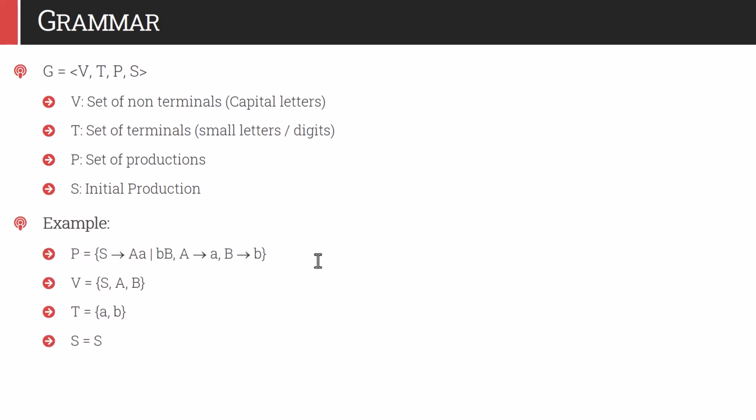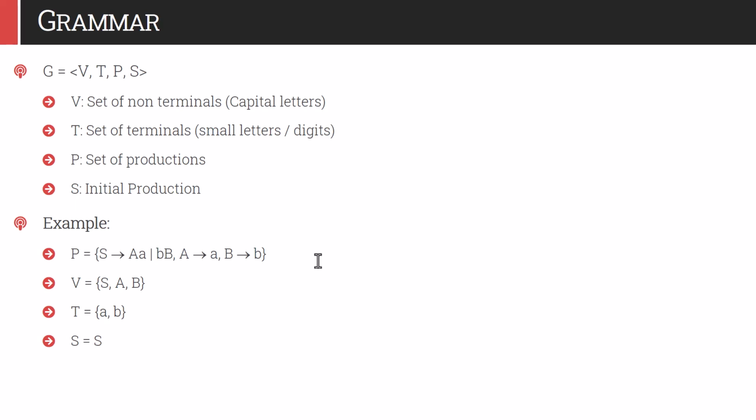And the grammar is typically represented in this way. P is a set of productions. So we can have productions in this form. On the left hand side, we will have one non-terminal. On the right hand side, it could be any combination of terminals and non-terminals, or only terminals as well. So S gives AA or S gives BB, then A gives a and B gives b.